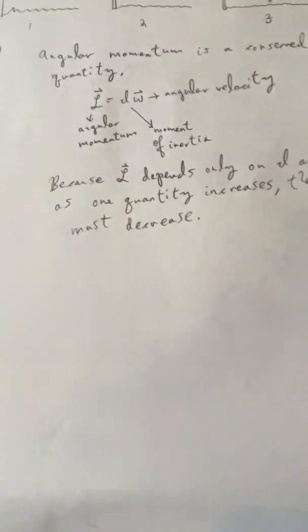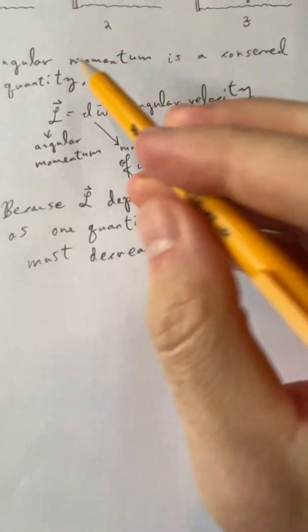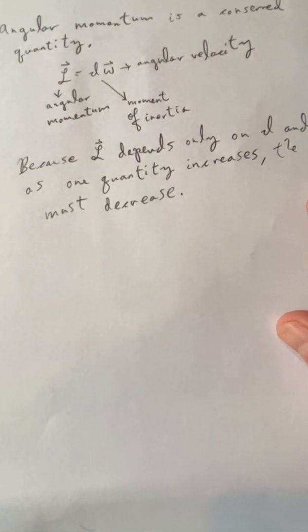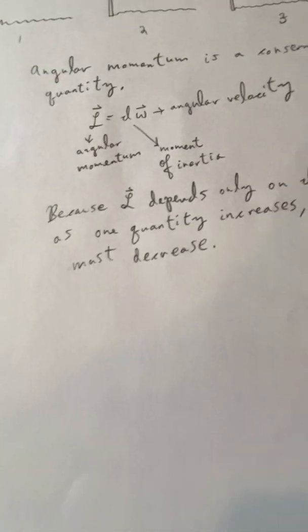This is the next logical step from your statement of conservation. Angular momentum is conserved, and because it only depends on these two quantities, which are just multiplied together, as one quantity increases, the other must decrease in compensation. Then what we need to discuss is how the moment of inertia of the diver changes through the course of the dive.